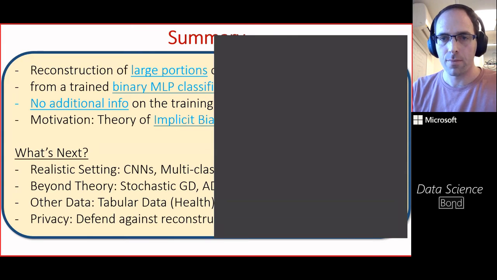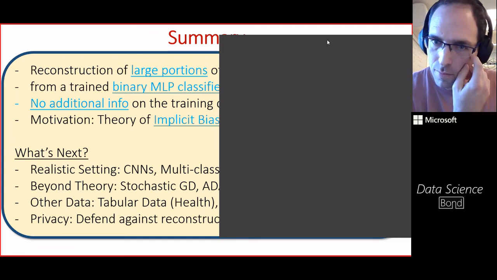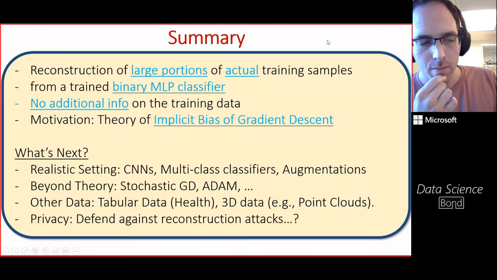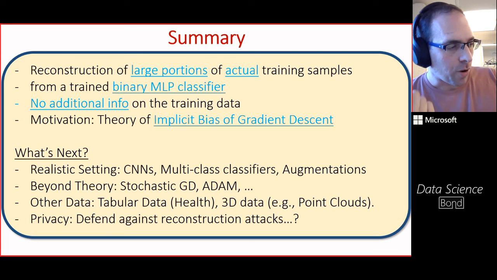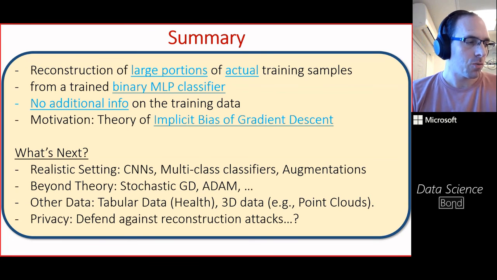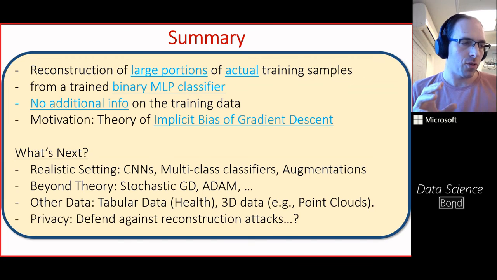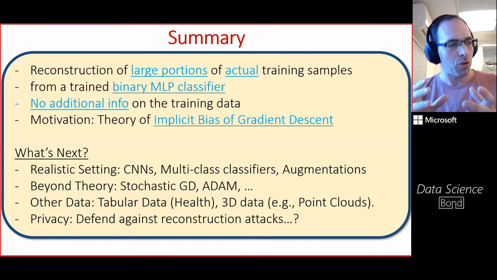Yes, one question. If you do a different random initialization, do you get the same good outputs or some different outputs? In the training or in the reconstruction? In the reconstruction. So in the reconstruction, for the optimization problem that I showed you, we have this loss.